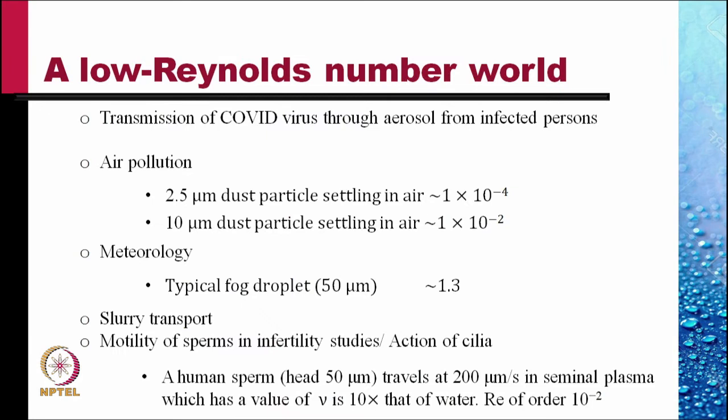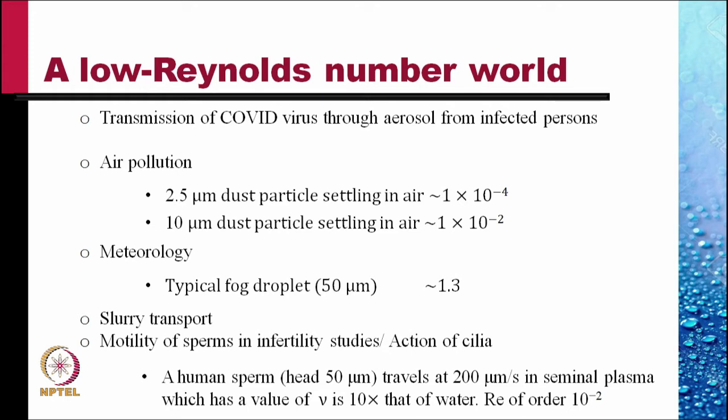Transmission of the COVID virus through aerosols from infected persons is a low Reynolds number phenomenon. In air pollution, the 2.5 micrometer dust particles settle in air with a Reynolds number of about 10 to the power minus 4, while a 10 micrometer dust particle settles at a Reynolds number of 10 to the power minus 2.